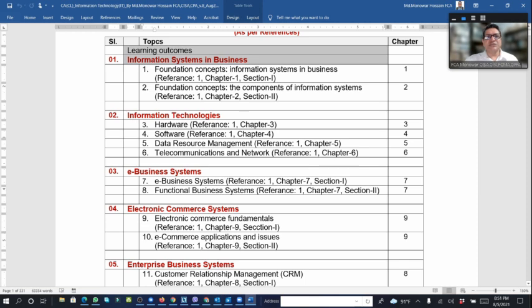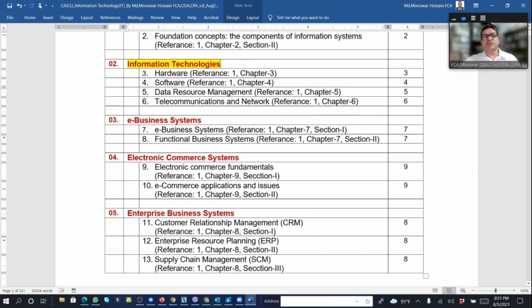Information system in business. Within information system in business, we have information system in business and also the components of information system. And then information technologies. Within information technologies, we have hardware, software, data resource management, and telecommunication networks.